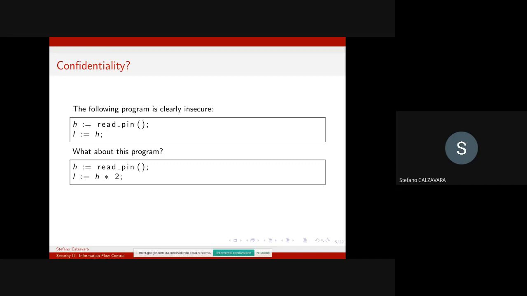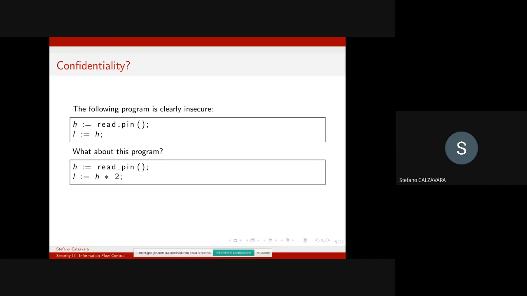We pick the PIN that we just read and store its content inside a public variable. No discussion here, right? This is clearly a security violation because I'm picking some secret data and storing that secret data inside a public variable.